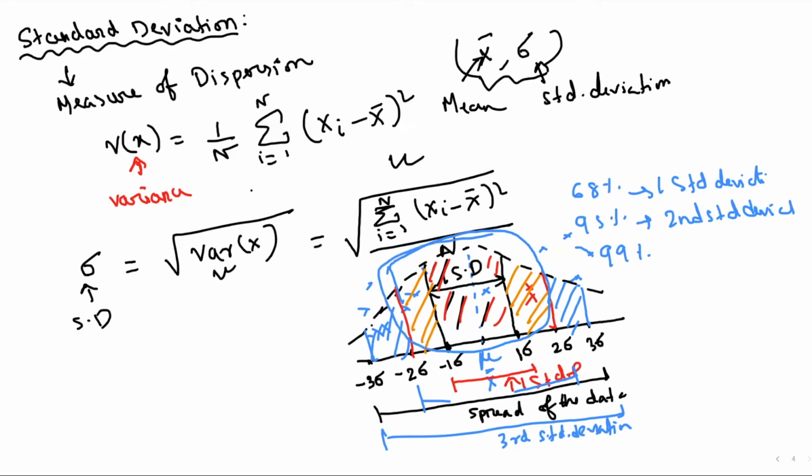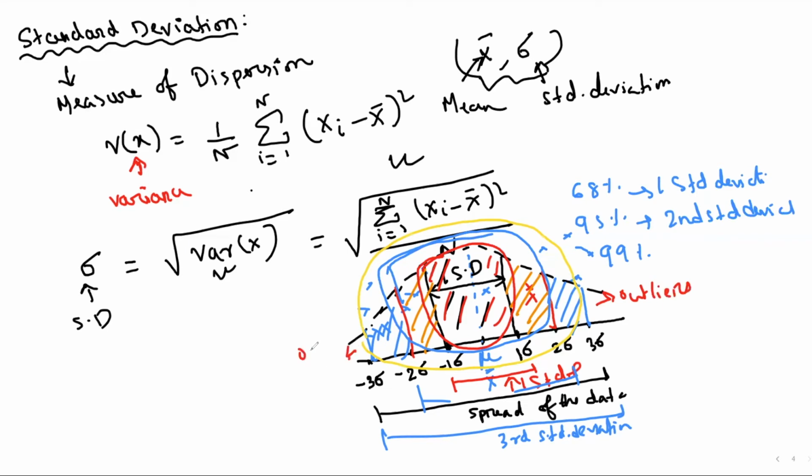And 99% of the data will come in this range. So 68% of the data will fall in this range. Then 95% of data will fall in this range, second standard deviation. And 99% of the data will fall in this range. Remaining all are considered as outliers.